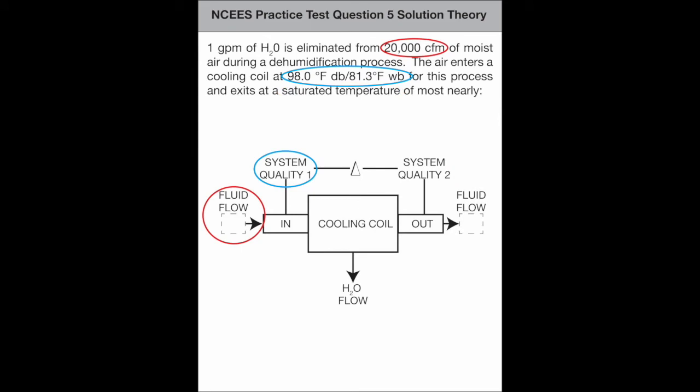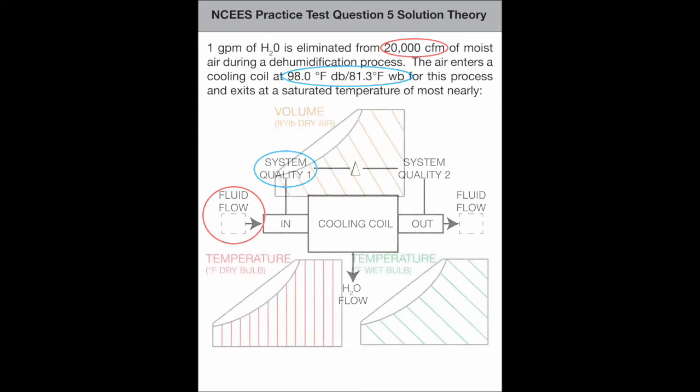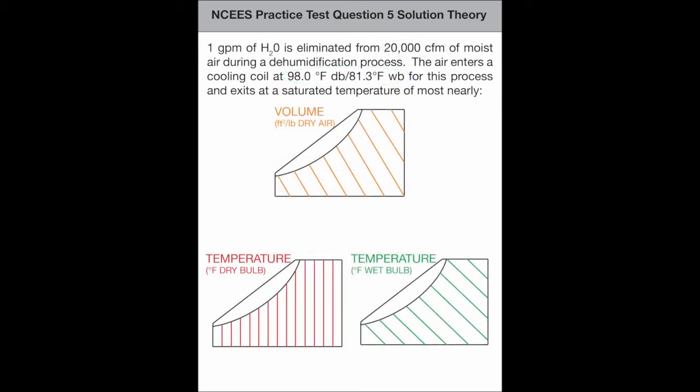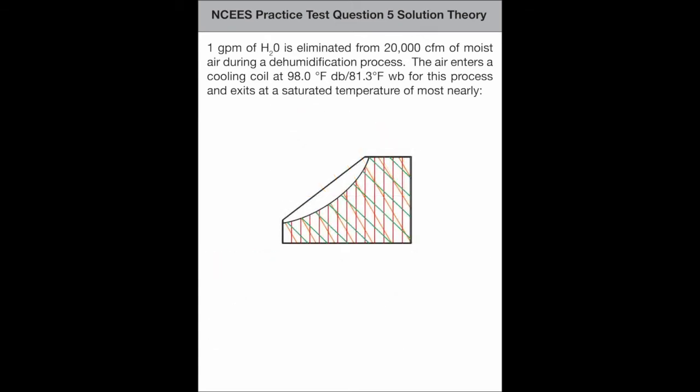Determine the mass flow rate at the inlet. From Psychrometric Chart 1, look up volume, that is, cubic feet per pound, of air at 98 degrees Fahrenheit dry bulb, 81.3 degrees Fahrenheit wet bulb. This is 14.5 cubic feet per pound. The density reciprocal is approximately 0.069 pounds per cubic foot.